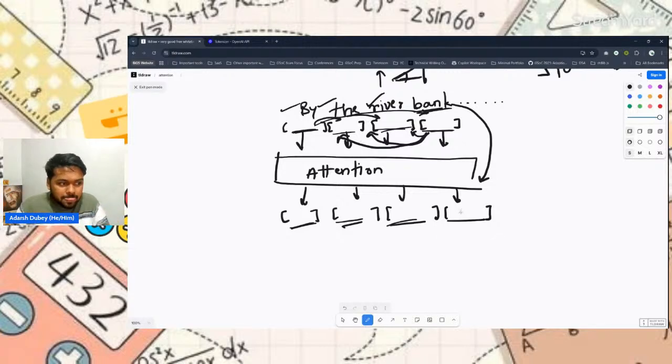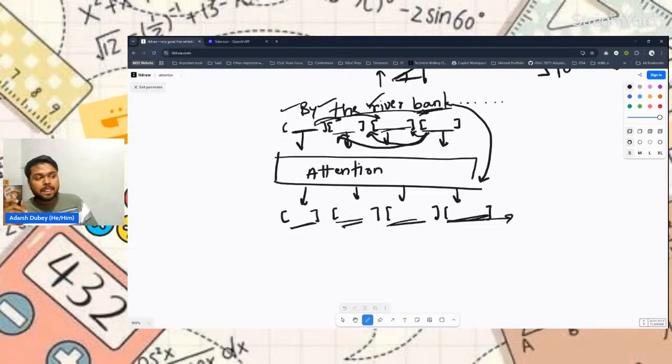So now this particular embedding doesn't mean just bank anymore, it means something heavily bank and something heavily river. So what is attention? Attention is basically a layer which takes in some embeddings and produces the same number of embeddings of the same length, but it infuses the meaning of other embeddings into each embedding.